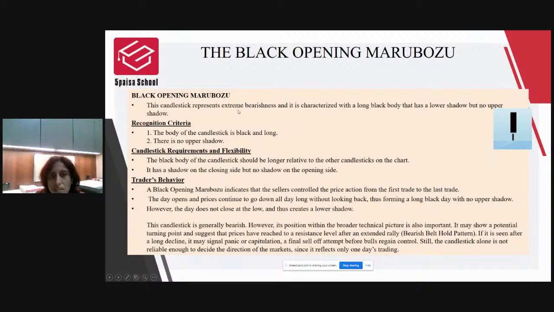So this candlestick is black, it's a long body, and you get to see a shadow on the closing side, but no shadow on the opening side. That is the way you are going to recognize this, and this essentially indicates an extreme bearishness in the market, right?